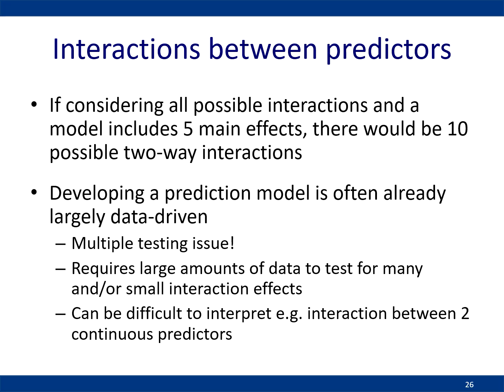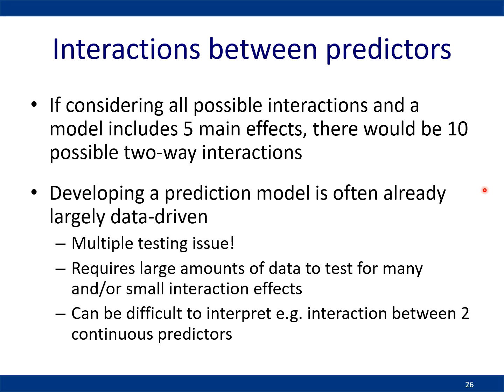Now, it's worth considering that there are a lot of possible interactions if you were to test all possible interactions. If we had an example where we had 5 main effects in our model and we wanted to consider all possible interactions, well, already you've got 10 possible two-way interactions.